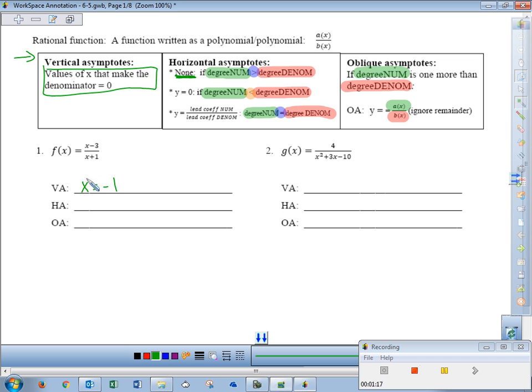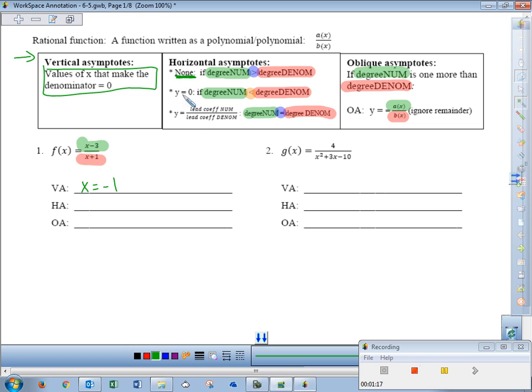So let's check this out. What is the degree of my numerator here? Degree of the numerator is 1. Degree of the denominator is 1. So is the degree of the numerator greater than the degree of the denominator in this particular case? No, it's not.